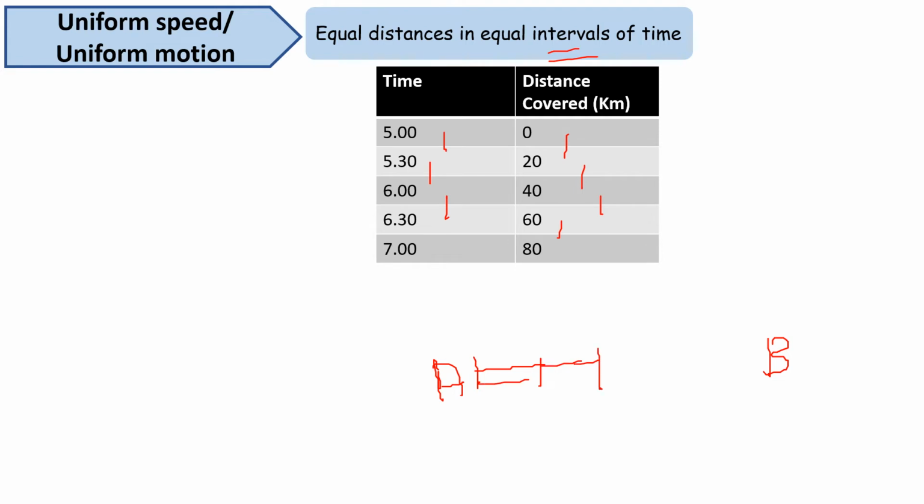Like in half hour it will travel this much, next half hour again the same amount of distance it covers, next half hour again the same amount of distance is covered. So this is called uniform motion or uniform speed, where equal distances are traveled in equal intervals of time.